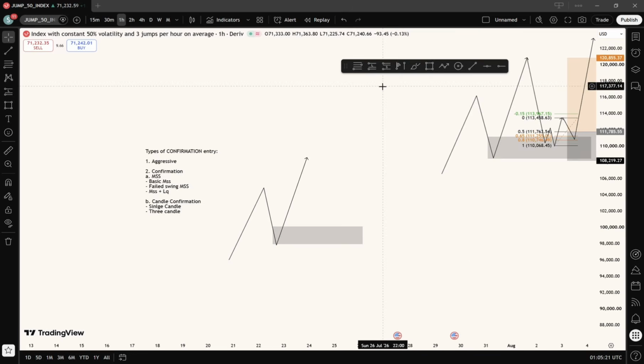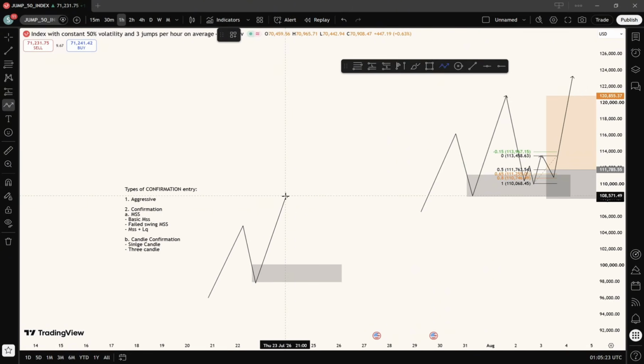Price falls down, we go down to the 15 minutes or 5 minutes. Most times you see price tap into your POI and push up, but this time around price will fail to sweep this low, this swing. Price will just stop somewhere here, then break above.